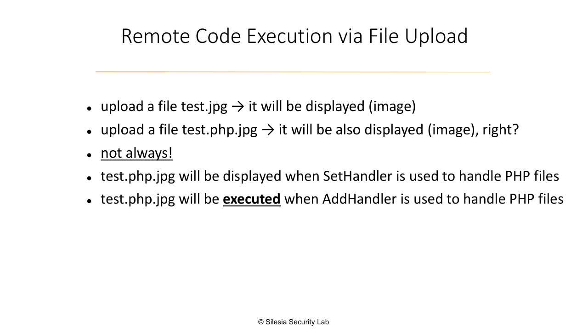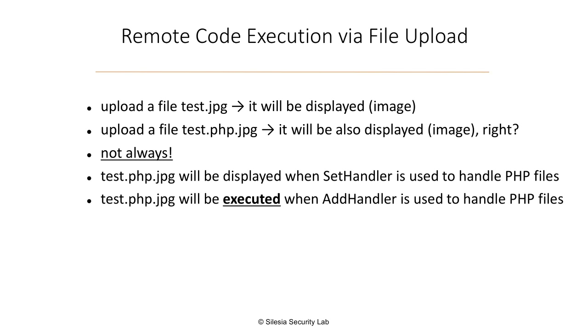Very nice. addHandler is trying to find if there is .php somewhere in the name of the file. So it doesn't look at the very end of the file, it tries to find out .php somewhere in the name of the file.